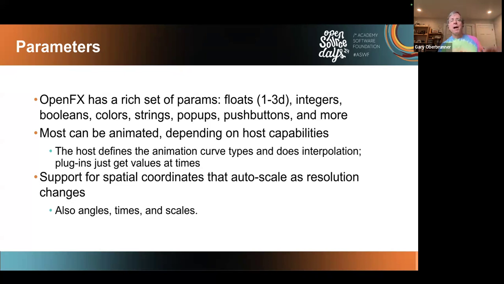There's also angles and times and scales. It's a pretty rich API. If there are more things that you want as a user, please let us know. One of the nice new features in 1.5 is a new kind of string valued property. So we'll get into that.